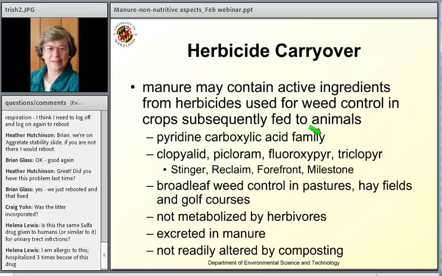So it's things like clopyralid, picloram, aminopyralid, and triclopyr. They are known by trade names such as Stinger, Reclaim, Forefront, and Milestone. Okay? They're used for broadleaf weed control in pastures, hay fields, and golf courses. And until about 2000, they were also labeled to use on home lawns.